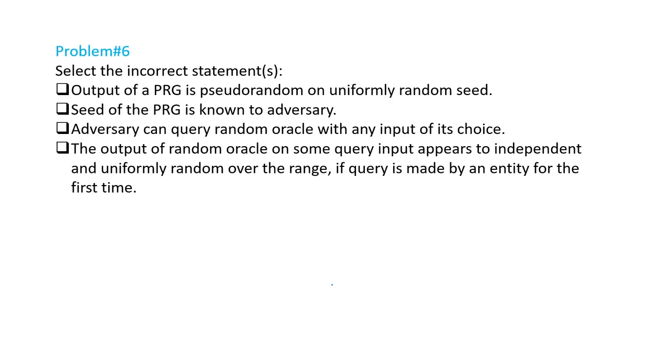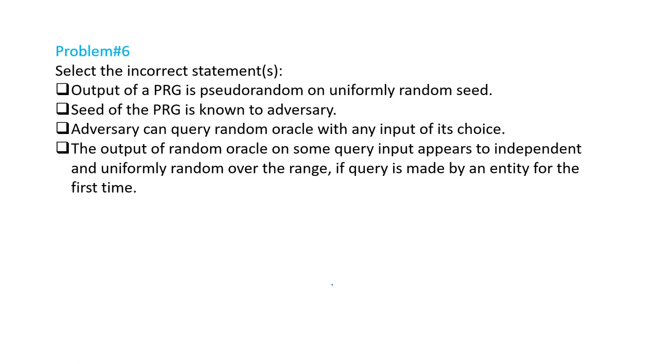Select the incorrect statements. Output of a PRG. If you remember from old classes, output of a PRG is pseudo-random on uniformly random seed. Second statement says that the seed of the PRG is known to the adversary. Third statement says the adversary can query the random oracle with any input of its choice.